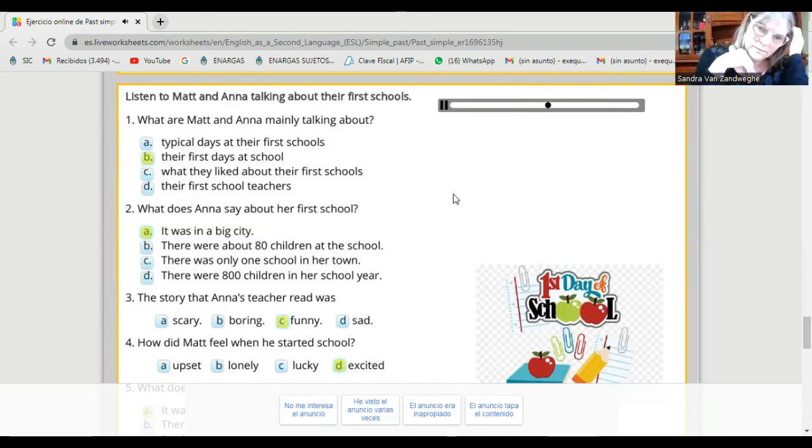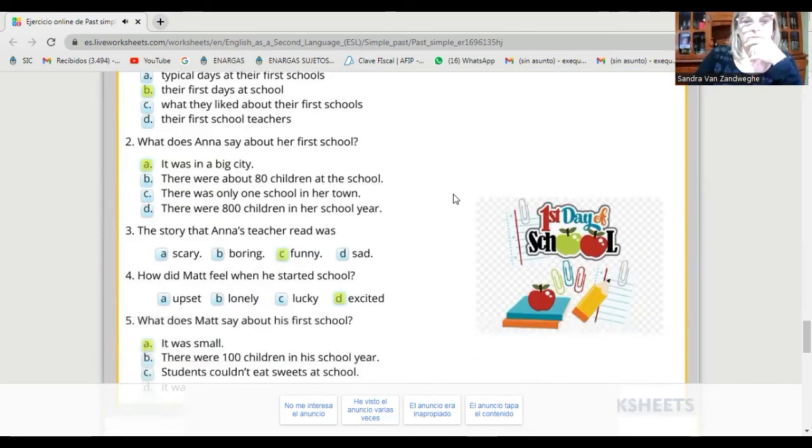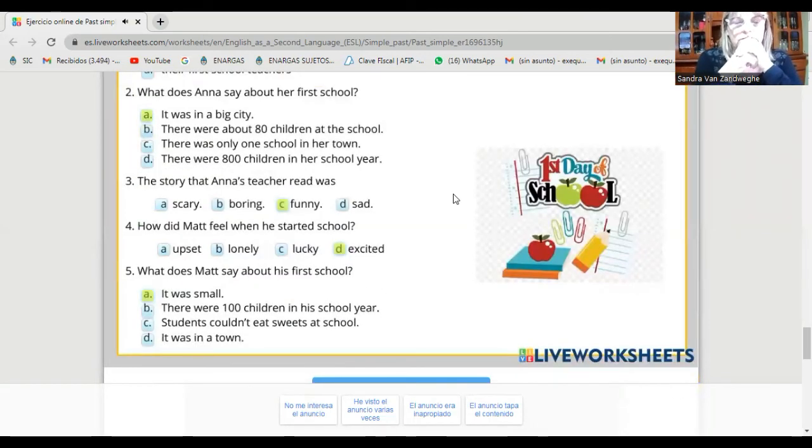I enjoyed that. And I remember feeling very happy when it was time to go home. How about you? Well, I went to a very small school in a village. I think there were only about 100 children in the whole school. I remember some children were quite upset on the first day, but I wasn't. I thought it was all really exciting. And at the end of the day, the teacher gave me a sweet.